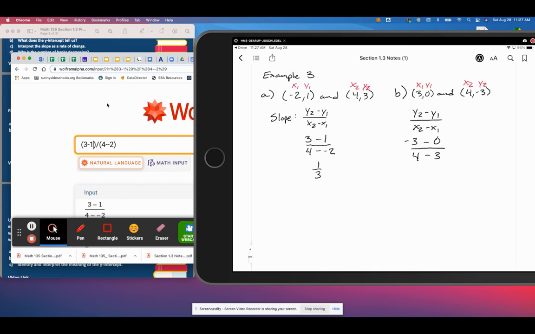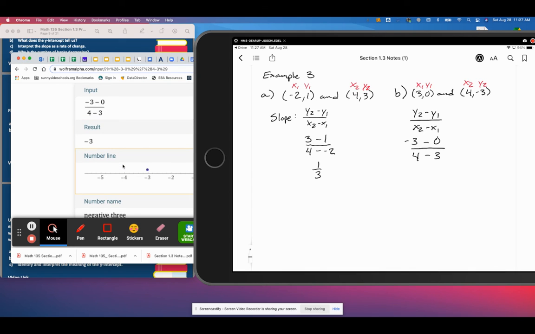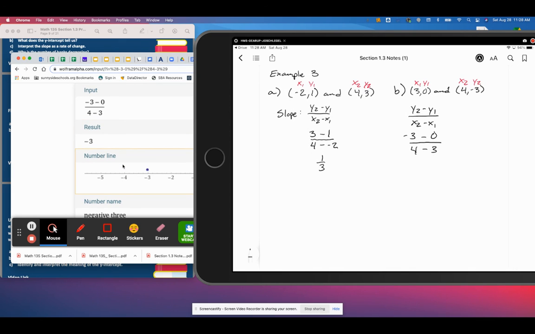And I can come right into Wolfram and change this one to make it look like this one. I've got -3 minus 0 and 4 minus 3. Check the input to make sure it matches what I wanted Wolfram to understand, and it is. So the slope on this one is going to be -3.